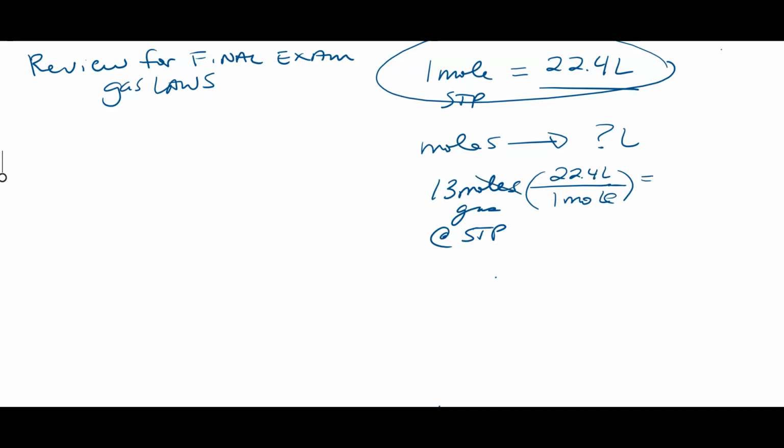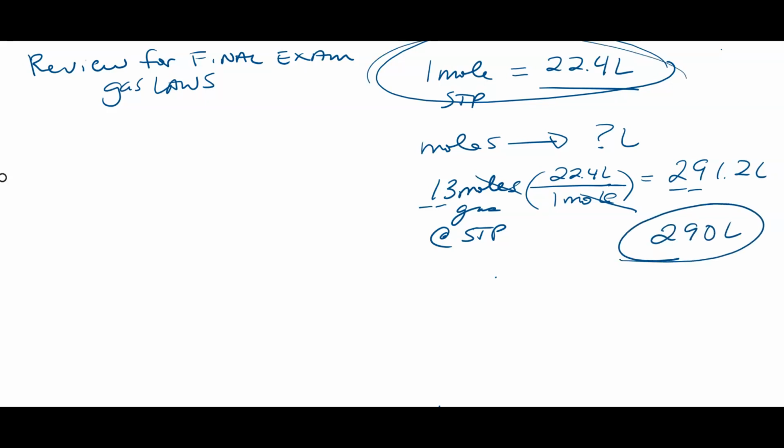That's going to cancel out the moles and give me volume. If I do that in the calculator, I do 13 times 22.4. I'm going to get 291.2 liters. With 2 sig figs, I'm going to write 290 liters as my answer.